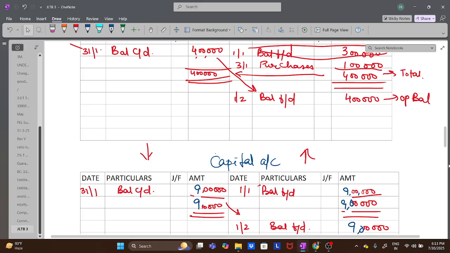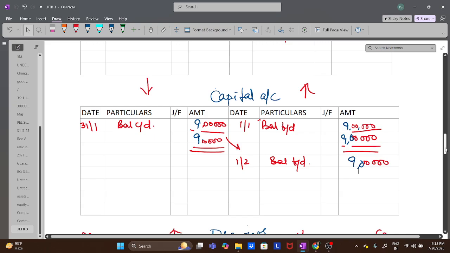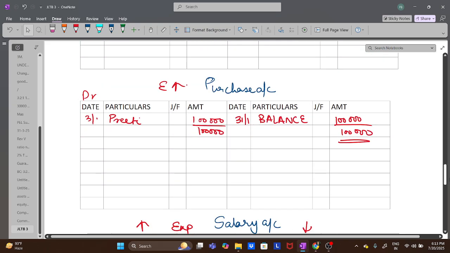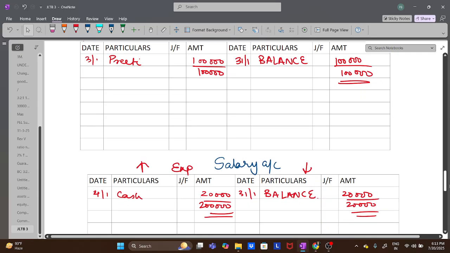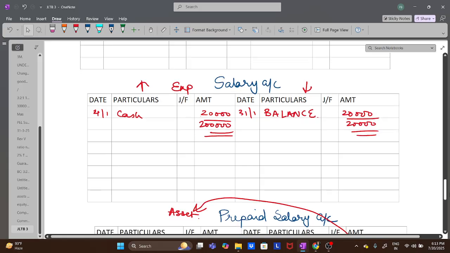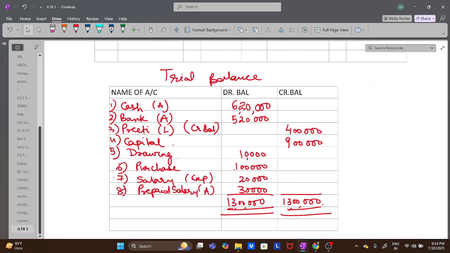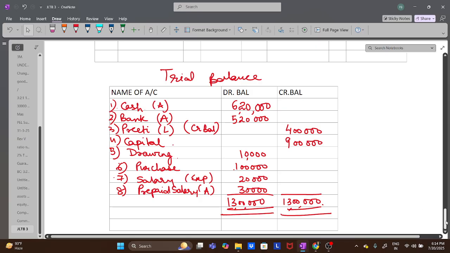We had posted it correctly there, but somehow made a mistake here. Drawings 10,000 debit balance. Purchase, no balance brought down. This is our expense. Salary 20. Prepaid salary 30. When we check, the totals of the two sides were coming the same. So that's the question based on journal, ledger, trial balance.